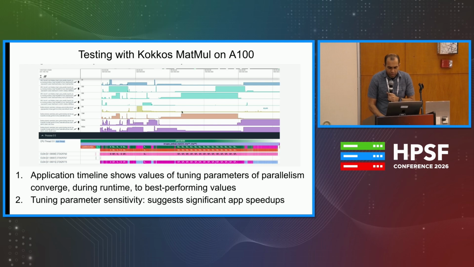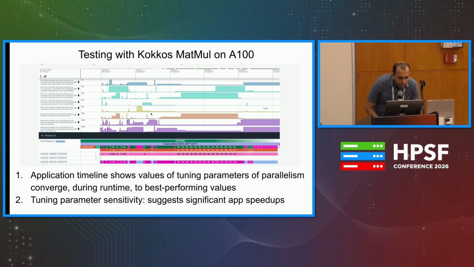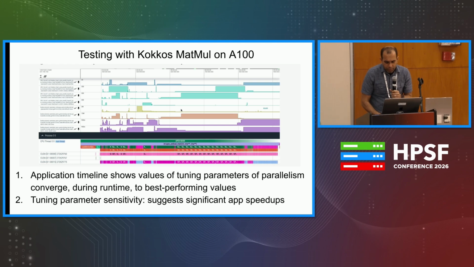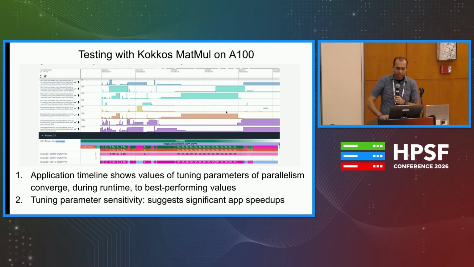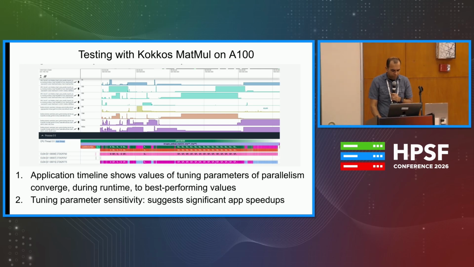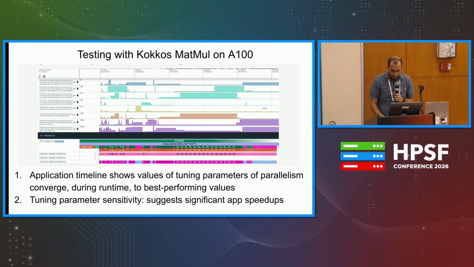These are different tuning parameters, and at this point you have found the best performing parameter, and at each kernel invocation it just keeps using that. So there's significant benefit because you're not paying the cost of tuning at each kernel invocation. You are stopping after a certain point, and so the overheads, even though the tuning search might be, say, 30% for certain kernel invocations, we found that kernel convergence is pretty fast.